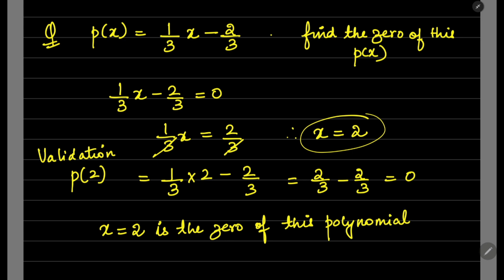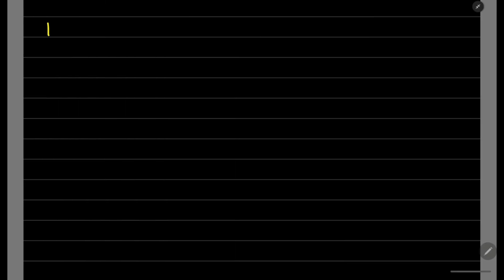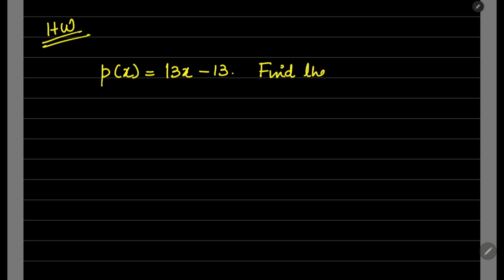One very easy question for you. Homework is in this particular topic. P of x is 13x minus 13. Find the zero of this P of x.